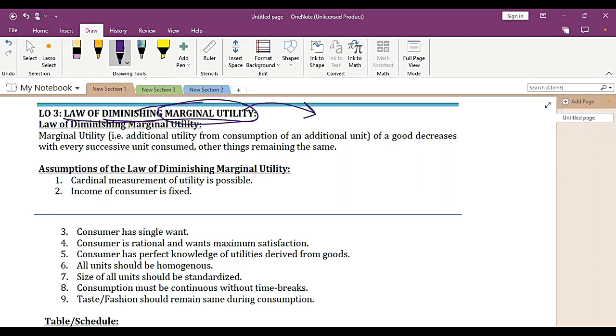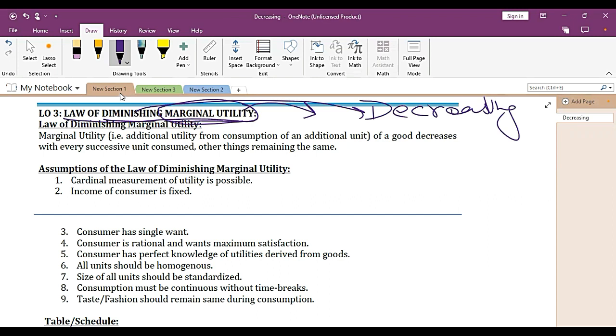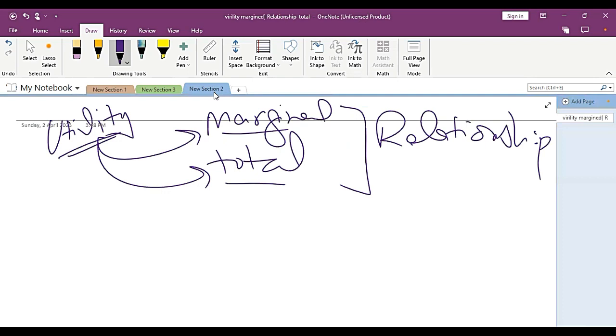Diminishing means decreasing. Its name is saying that this law relates to the decrease in marginal utility with the consumption of subsequent units. In our previous classes, I've also explained to you that the utility obtained from subsequent units will be less than the utility that is obtained from the very first unit consumed.